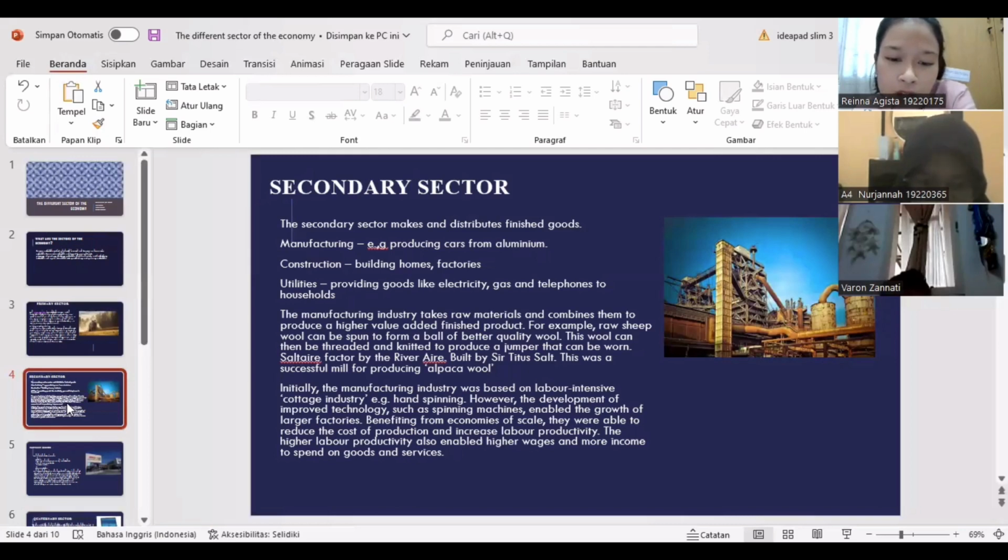Benefiting from economies of scale, they were able to reduce the cost of production and increase labor productivity. The higher labor productivity also enabled higher wages and more income to spend on goods and services.